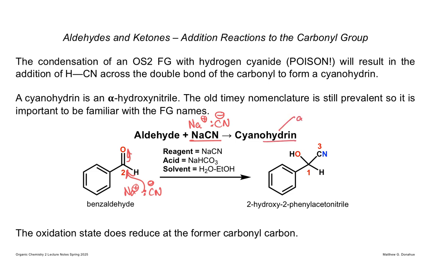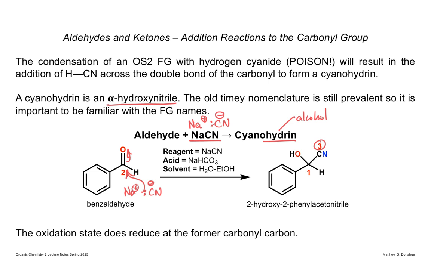Hydrin is just an old-timey word for alcohol. Another way to phrase this is alpha hydroxynitrile. So this does a couple things. The carbonyl goes from oxidation state 2 to 1, but the cyanide is at oxidation state 3.